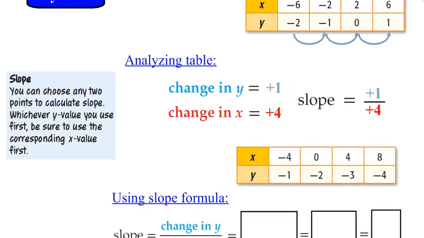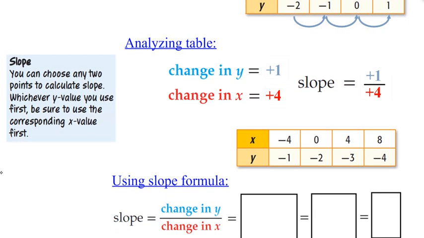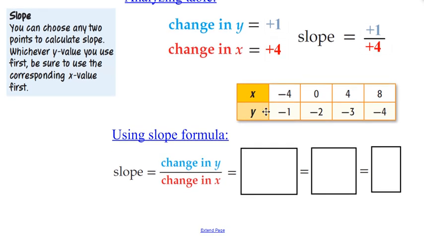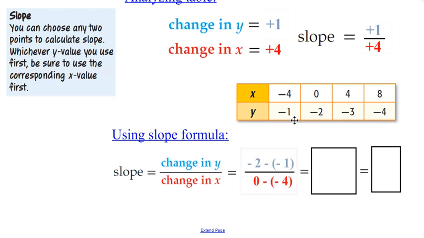And using the slope formula, we're going to do the second one this time. Using the second table, the change in y divided by the change in x, we're going to pick the first two points. So we're going to take -2 minus -1, and then 0 minus -4. Now watch your signs in here. It's very easy to get confused.